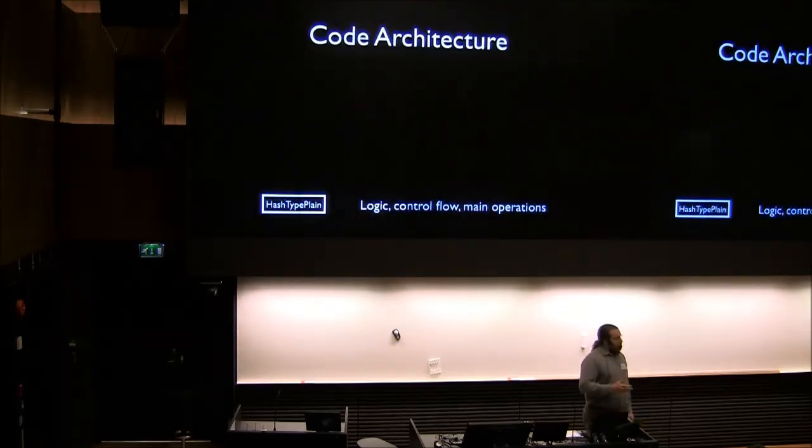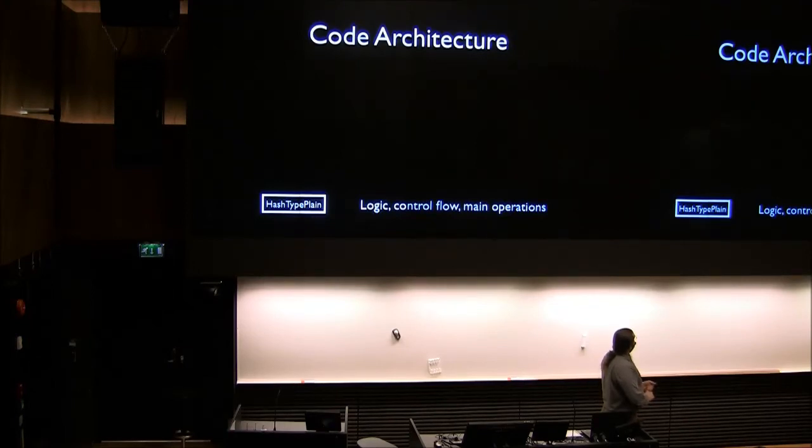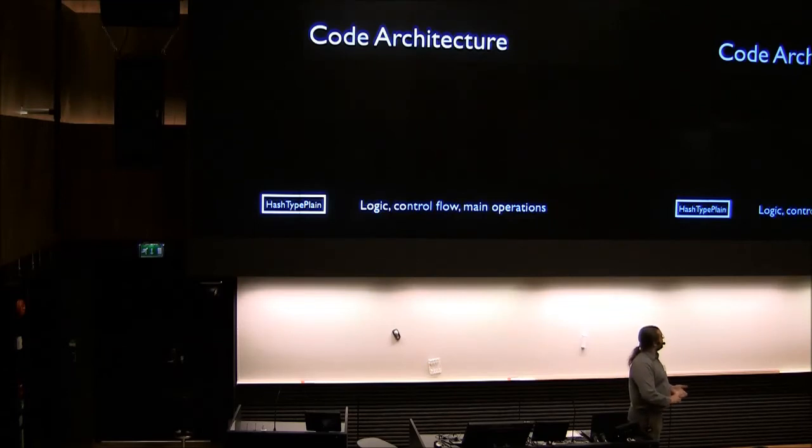So for the actual logic that handles the password cracking in operation, I have a couple different levels. The base hash type class controls the bulk of the cracking logic, control flow, and just the general main process, because it's really almost identical whether you're using a CPU, CUDA, OpenCL, or potentially other devices.